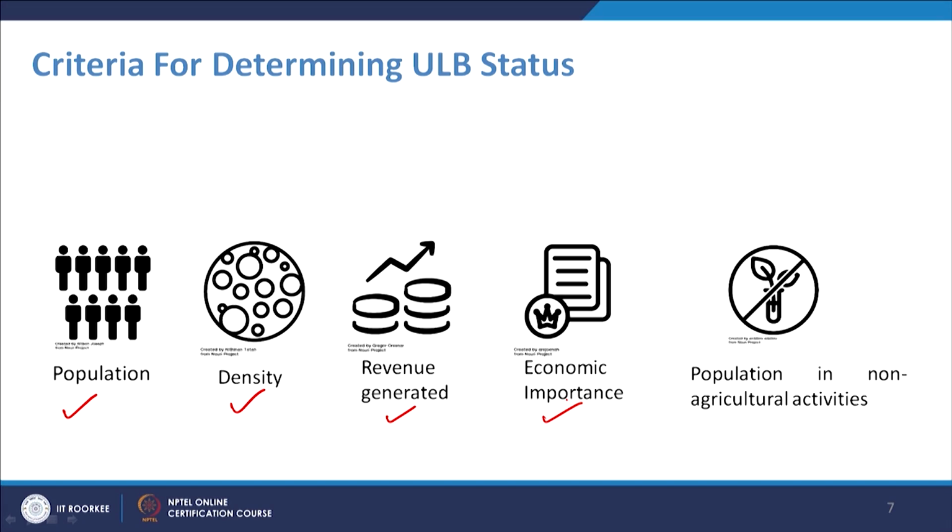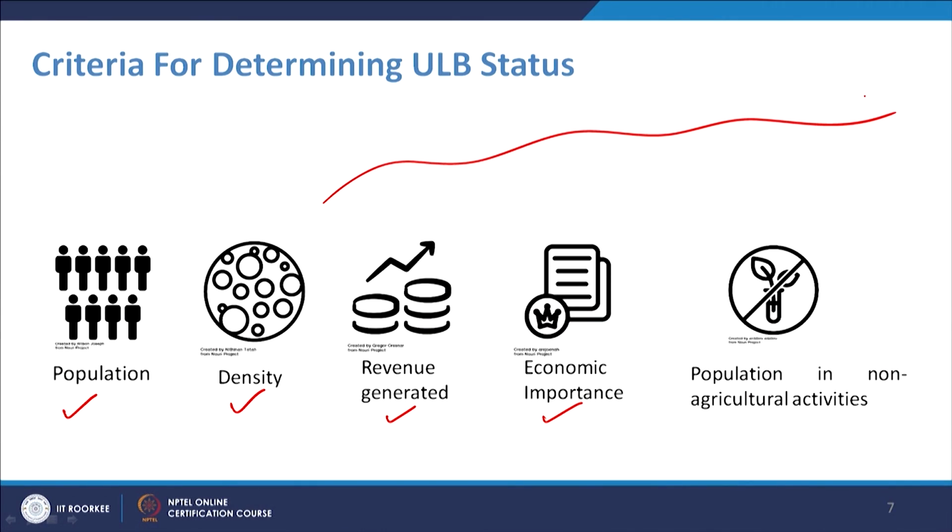Sometimes the economic importance can also become another criterion for determining urban local bodies. Maybe the settlement is situated within an economic or industrial corridor.